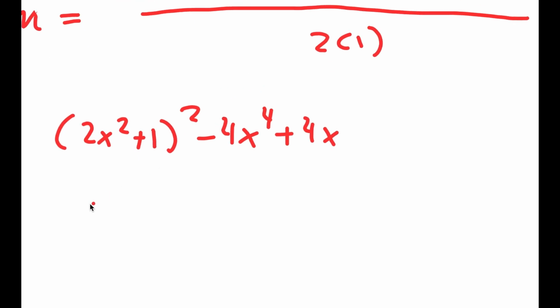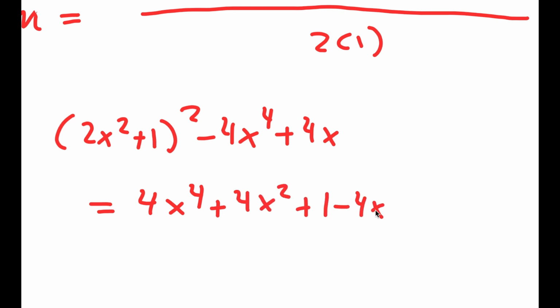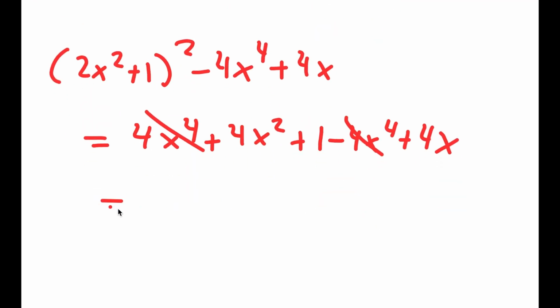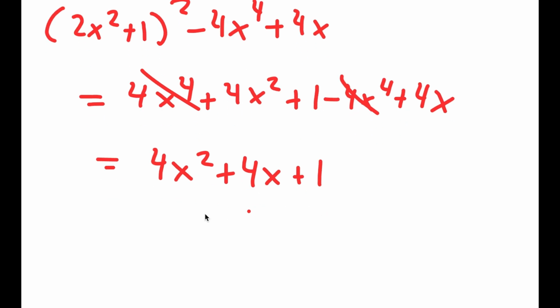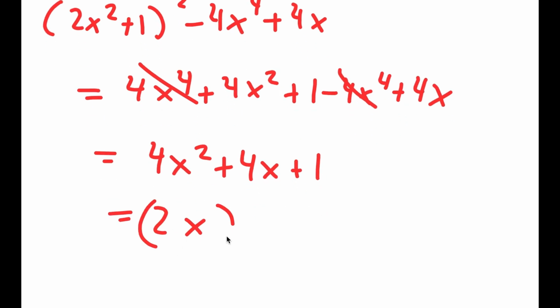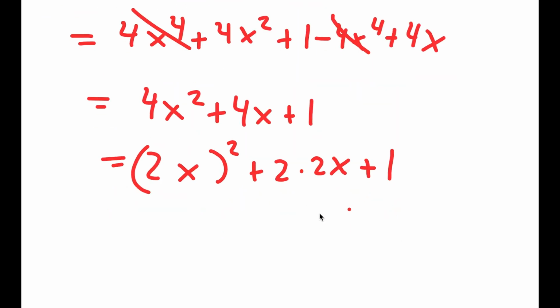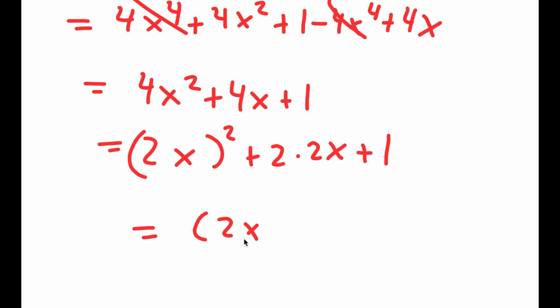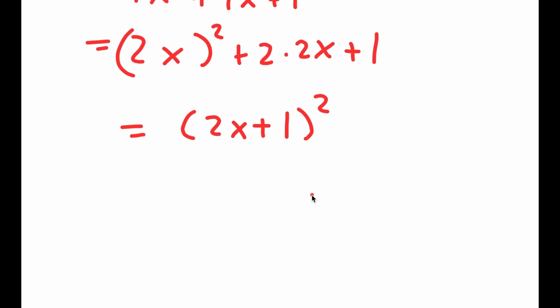And this is equal to 4x to the power 4 plus 4x squared plus 1 minus 4x to the power 4 plus 4x. So these two cancel out, and I get 4x squared plus 4x plus 1, which is equal to (2x) squared plus 2 times 2x plus 1, which is equal to (2x plus 1) whole squared.